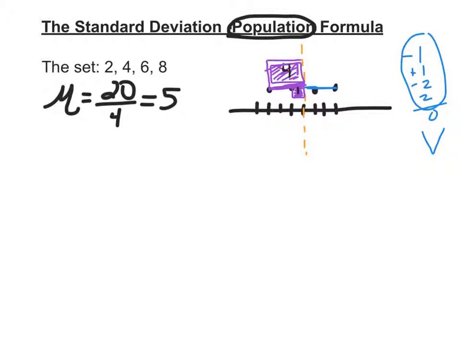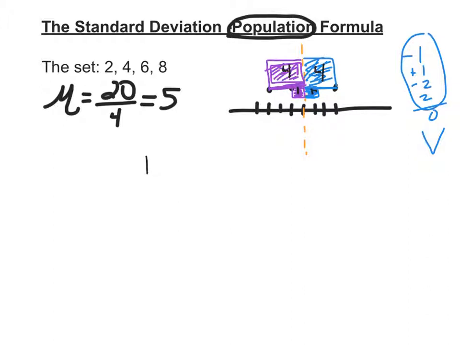And then on the other side, if I square this little one, 1 times 1, I have an area of 1. And then if I square the 2, I also have an area of 4. This is called the squared deviation, because this is how far it deviates from the mean, and it's squared.